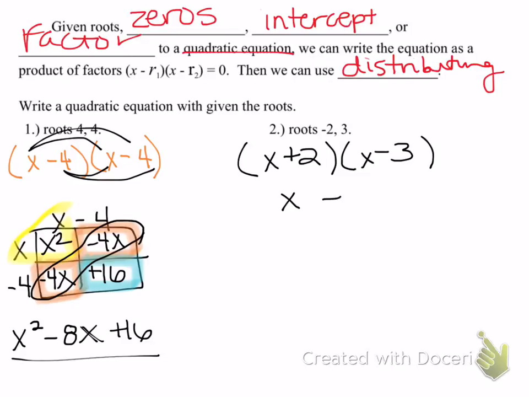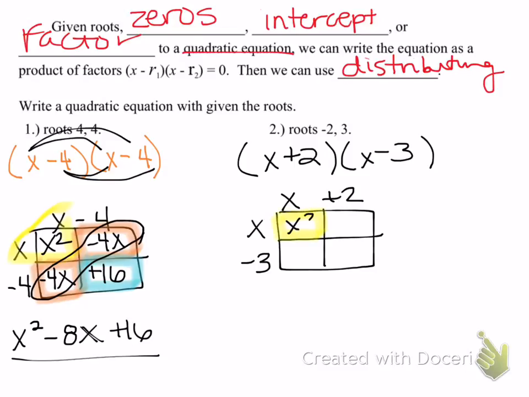So we've got x plus 2 on the top. We've got x minus 3 on the bottom. We make our beautiful box. Let's multiply. So the first one, we've got x times x, which gives us x squared. Then our next one, we've got 2 times x, which gives me 2x.